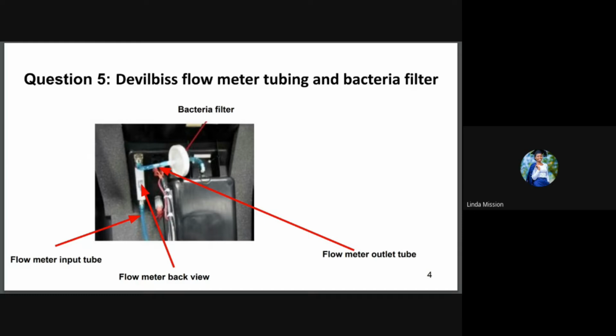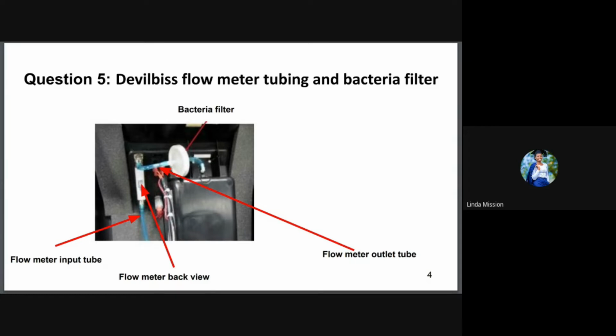Then use your thumb to seal the flow meter outlet, and if the ball inside the flow meter drops, it means the connecting tube you have just disconnected is the one that has the leakage and the flow meter is not broken. You can also use soapy water to check if the tubing, the bacteria filter or the one-way valve is the one that has the leakage.